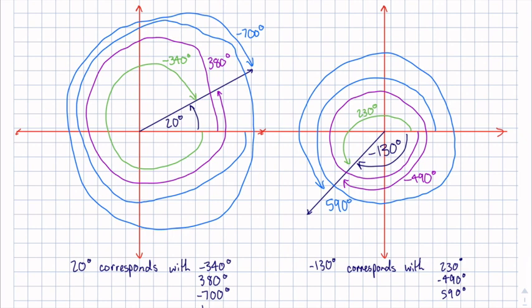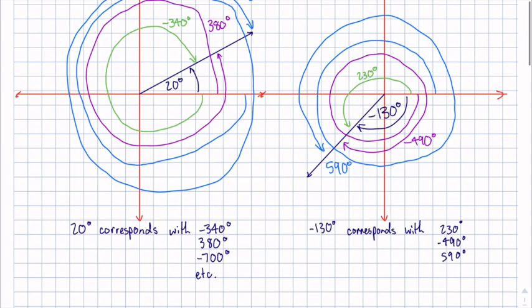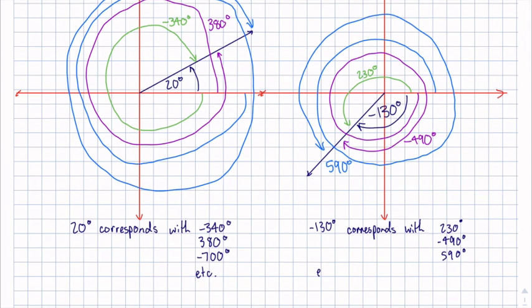Now this is not terribly useful today, but later, if you had your calculator, actually get your calculator out. If you did sine of negative 130, then that's negative 0.766. Sine of 230 will give us the same answer, negative 0.766.